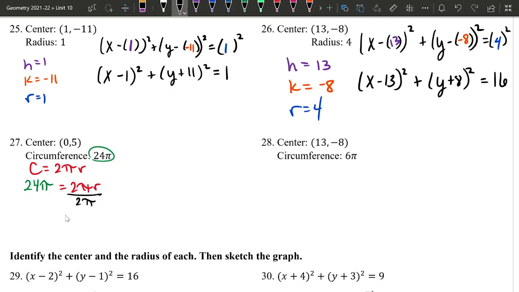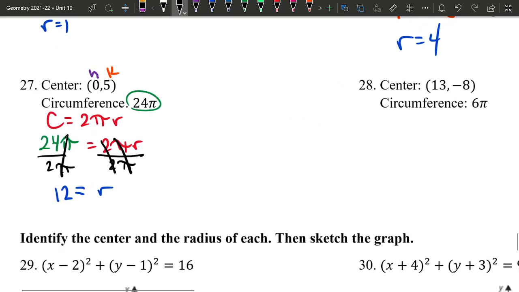So you divide by 2 pi. 2's cancel, pi's cancel. So then the radius, R, equals 12. And we already have H and K. So then we just write the equation of the circle.